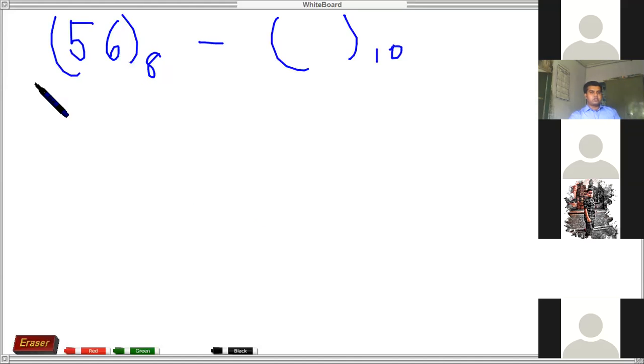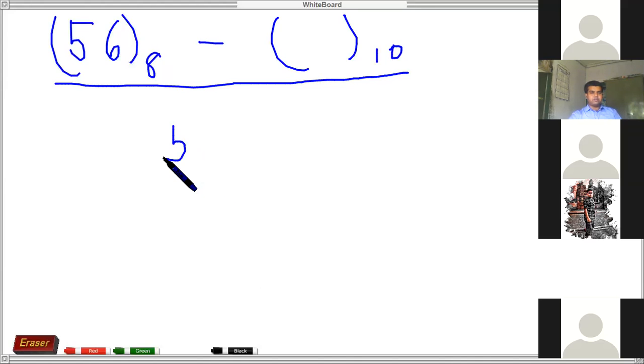So how will I write? See the process. I will write 5 and 6 separately. The right hand value has the lowest power, that is 0. The left hand value has the highest power, that is power 1.